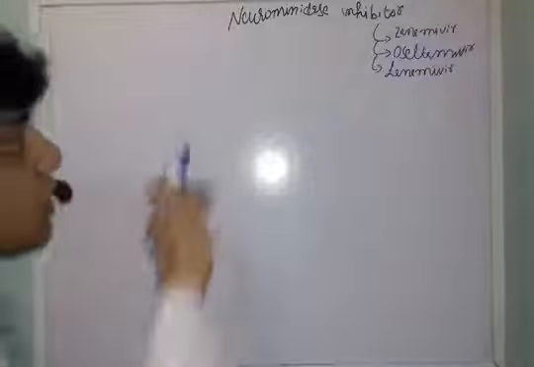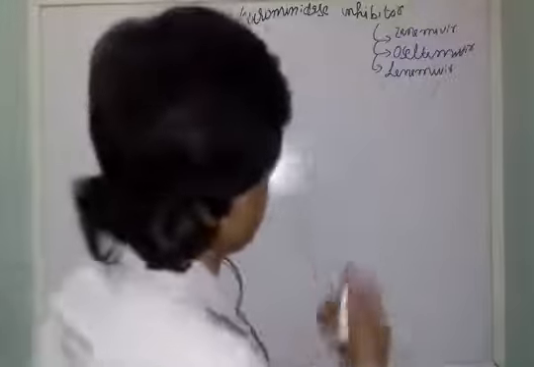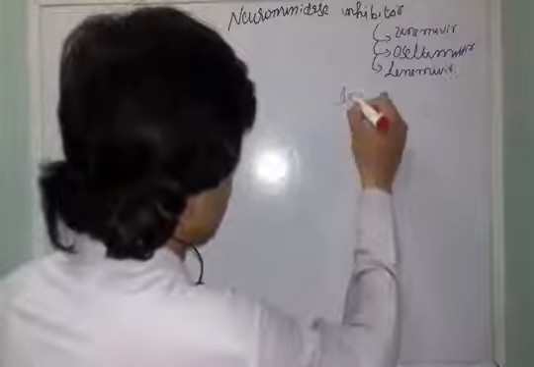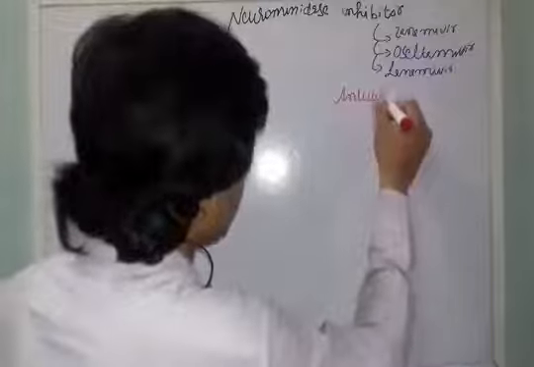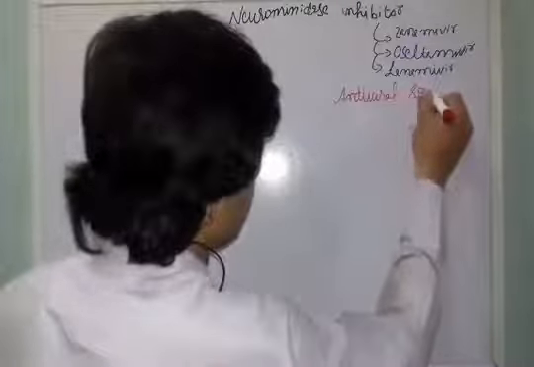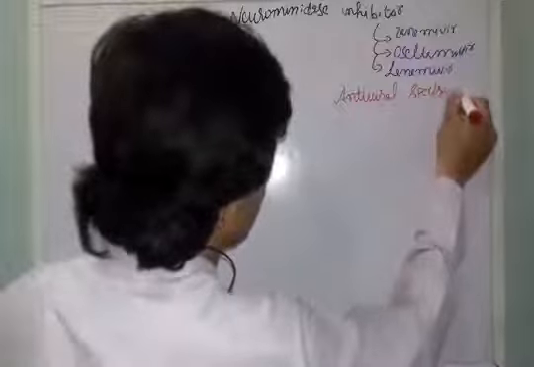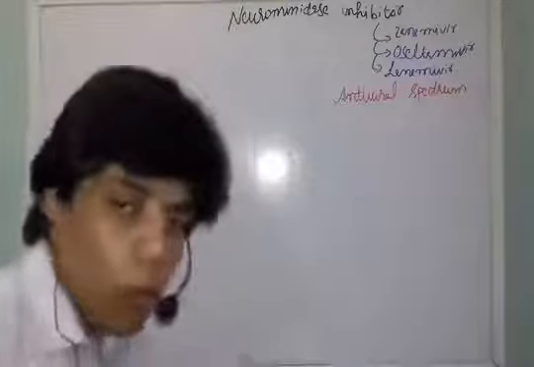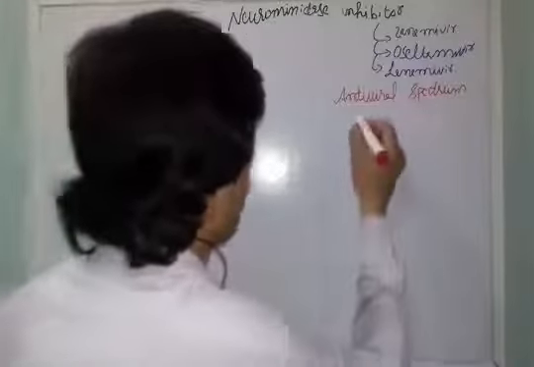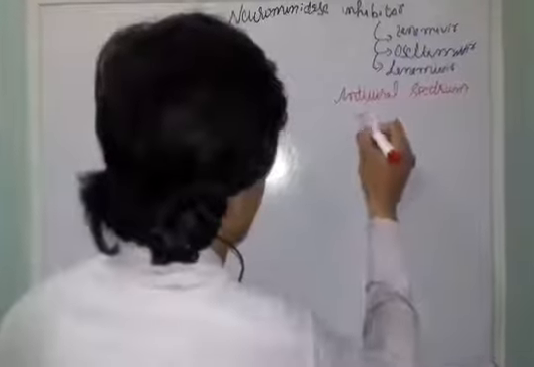Fine. So these are the drugs. Now let's talk about the antiviral spectrum of these drugs. These drugs actually show good results, or these drugs are active, against influenza virus A and B.